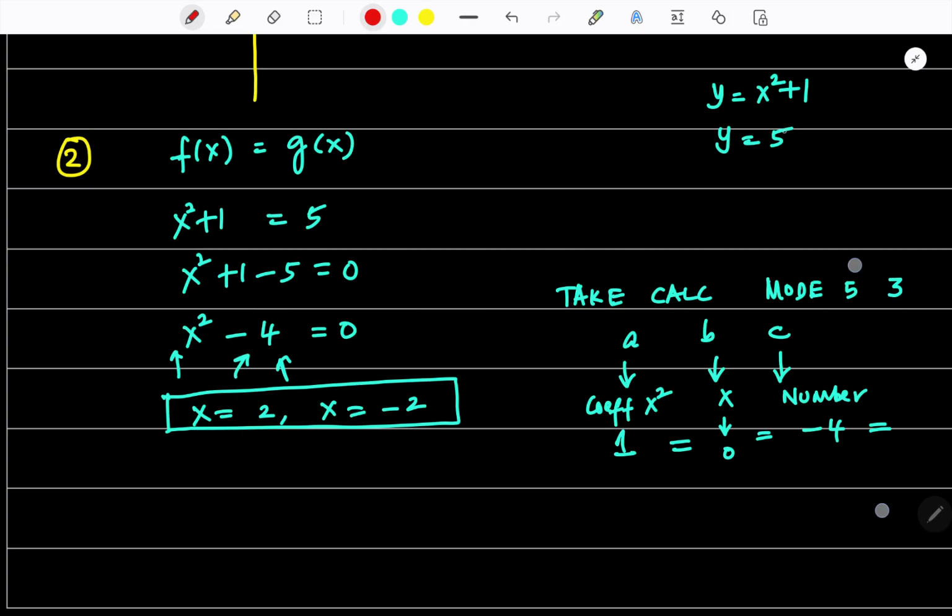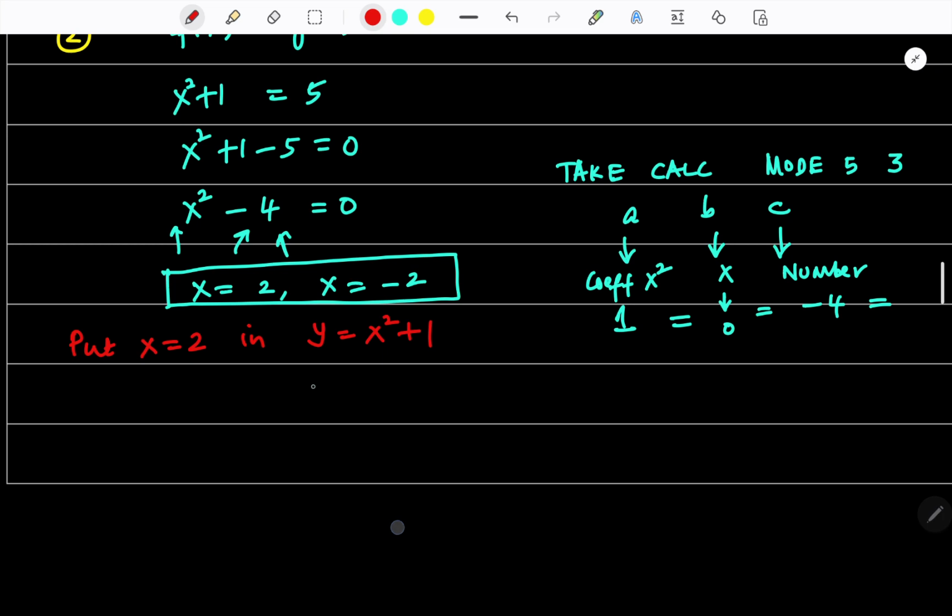Okay, so take any one equation. This is the equation you're going to use. Put x equals 2 in y equals x square plus 1. When I put x equal to 2, I'll get 2 square plus 1, which is equal to 5. So when I take x equal to 2, I get the y point 5.